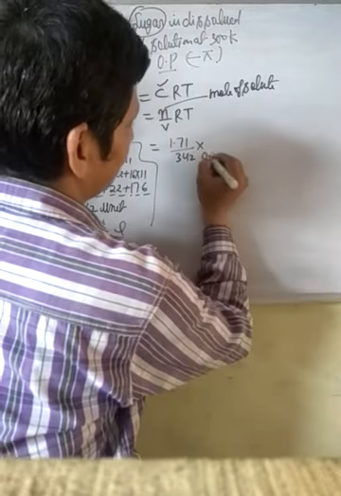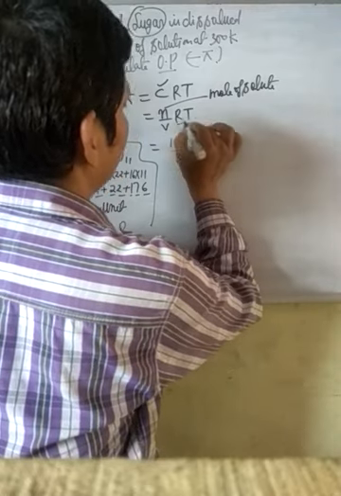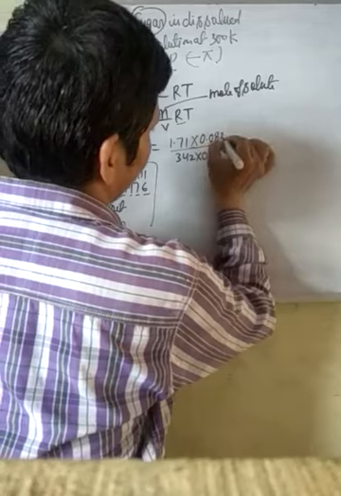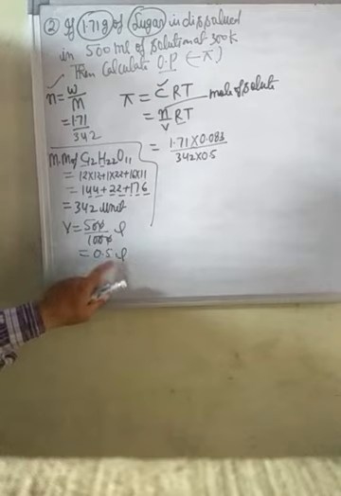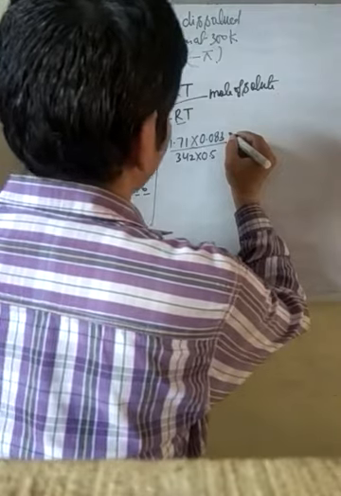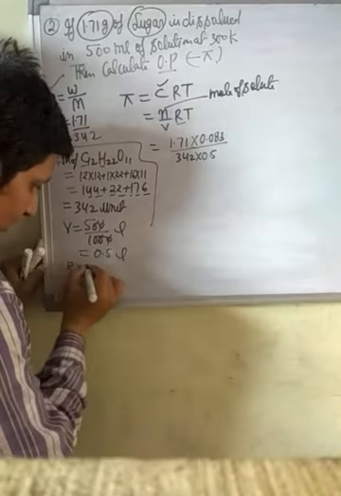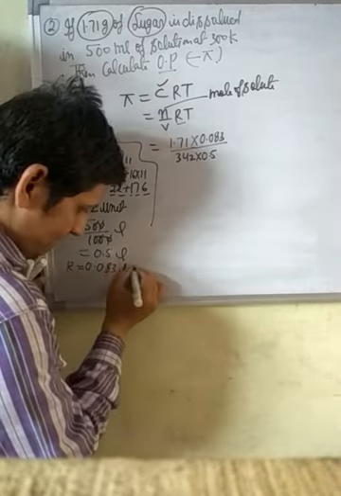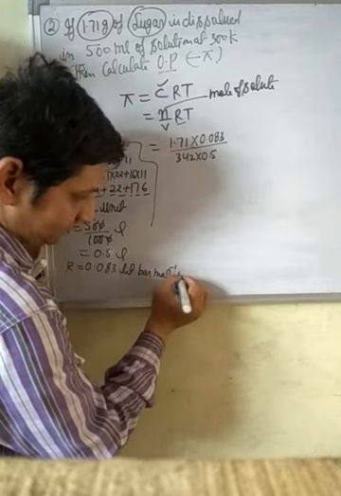So put here 0.5, and value of R: because volume is given in liter and we need bar, we have to take R as 0.083 liter bar mole inverse Kelvin inverse.